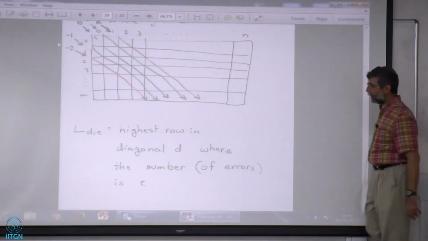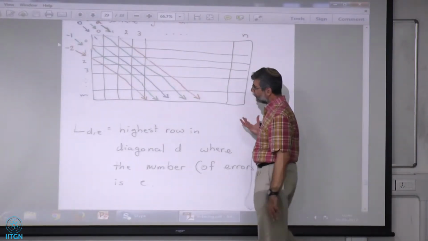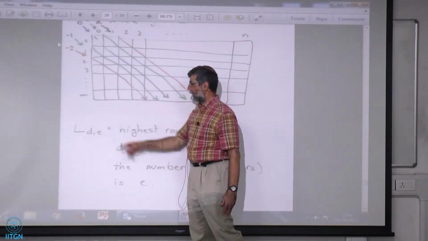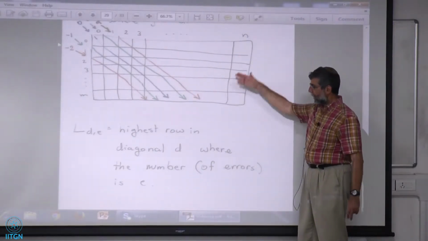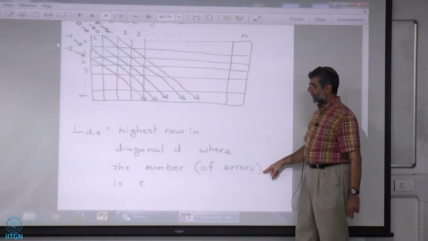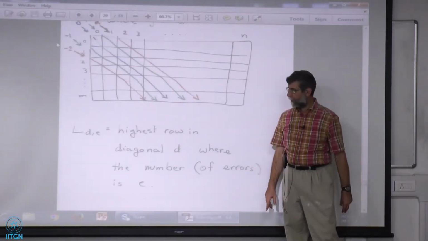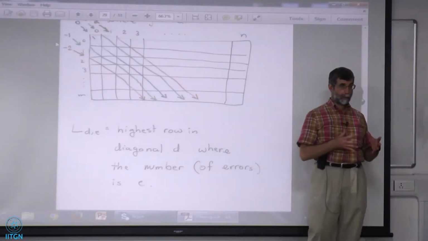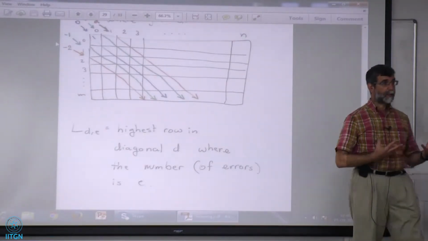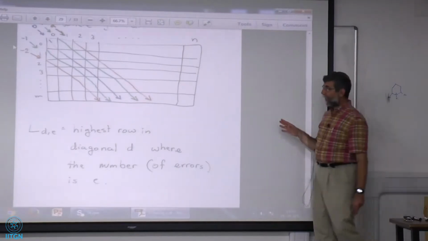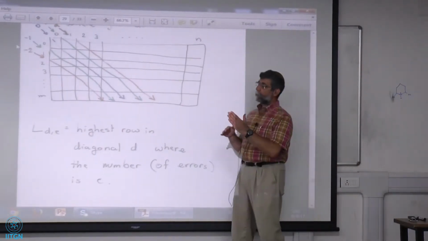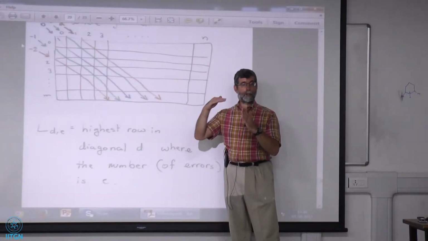He says, let's now look at another value. We'll call it L_DE, where L_DE is the highest row in diagonal D where the number of errors is E. So you can see here how he changes the axes of the dynamic programming matrix. Now it's not by pattern and text.